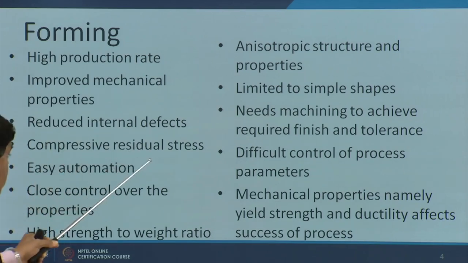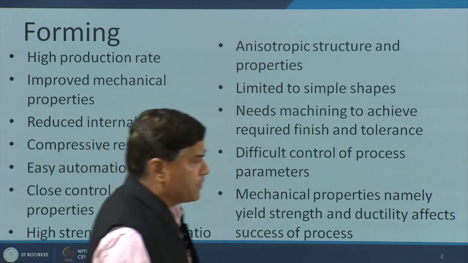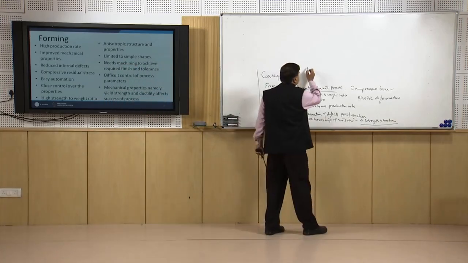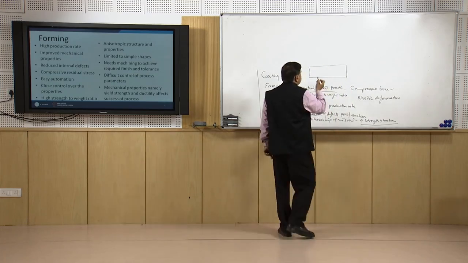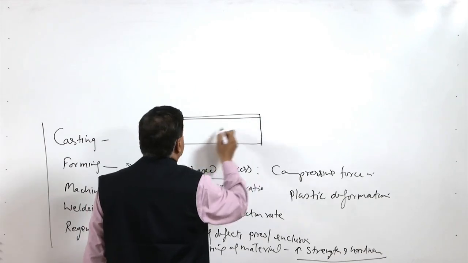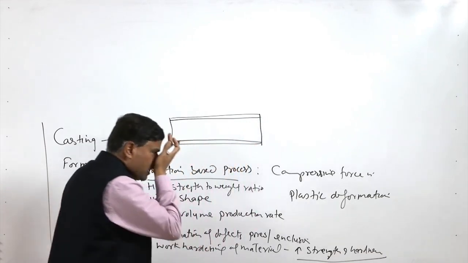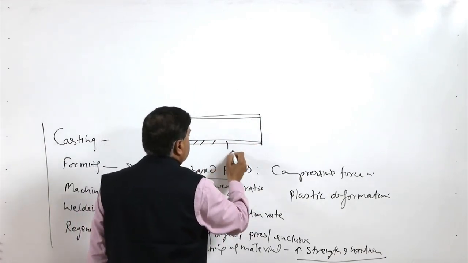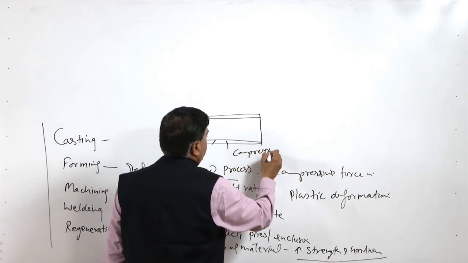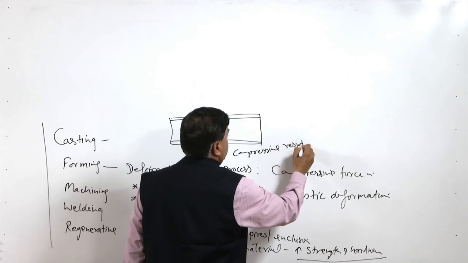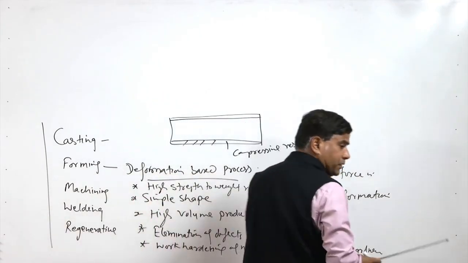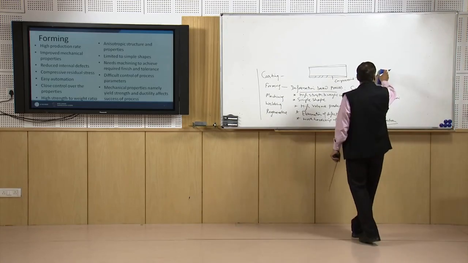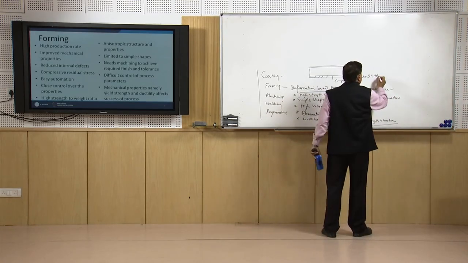Another advantage is the development of the compressive residual stresses, since whenever the deformation takes place by processes like rolling or contour rolling, the surface layer deformation is more as compared to the core region, and this in turn leads to the presence of the compressive residual stresses, and these actually increase the capacity to take up the stresses.